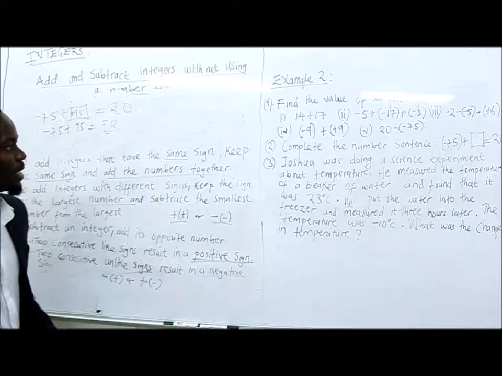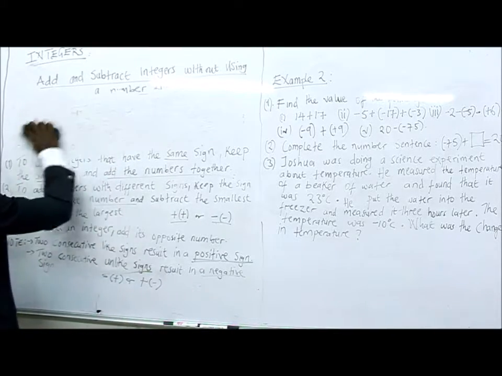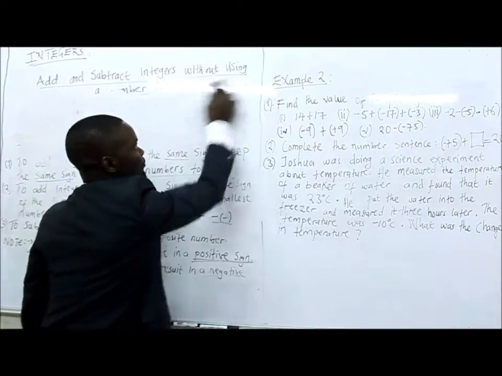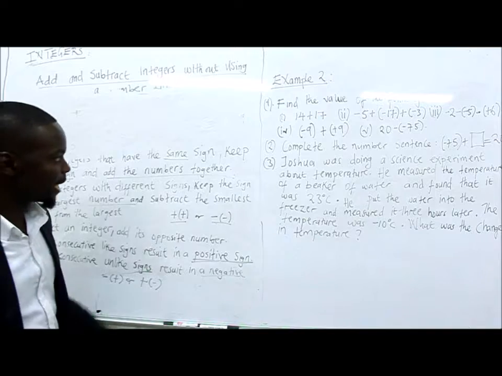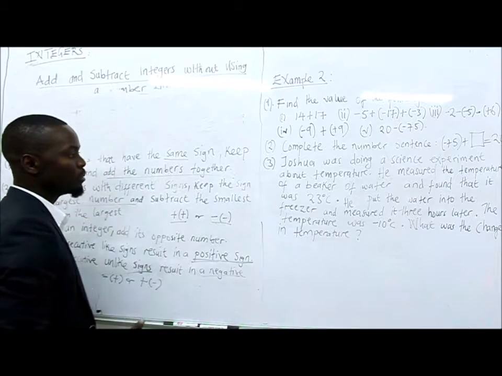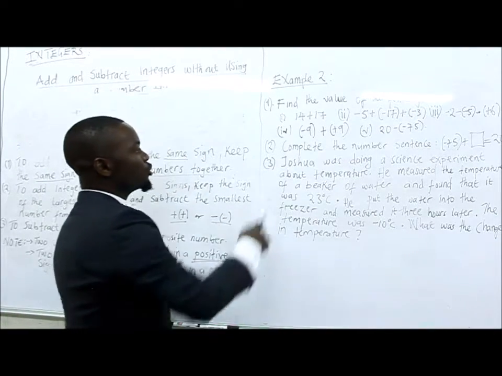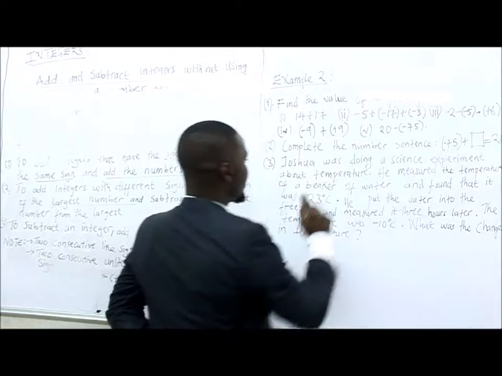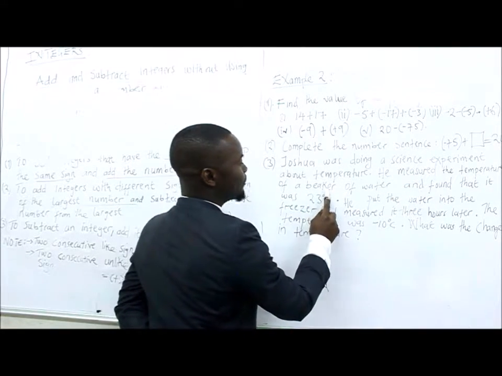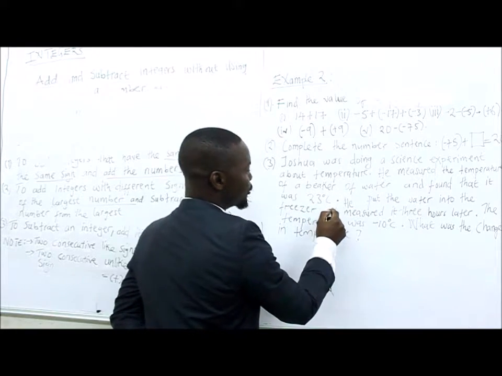Okay, let's go to question 3. Question 3 is also a very good question. It is interrogating us on how we understand mathematical concepts which are given in words form. Question 3 says, Joshua was doing a science experiment about temperature. He measured the temperature of a beaker of water and found that it was 23 degrees.